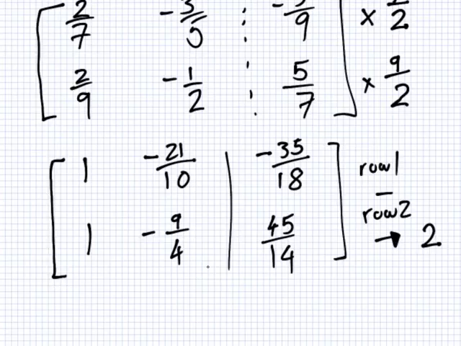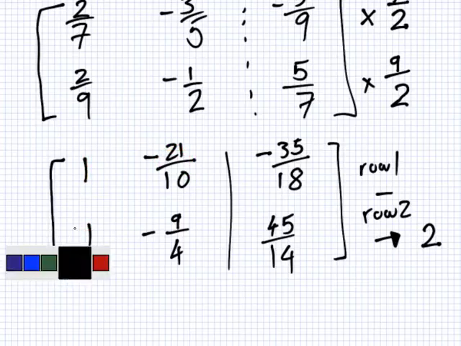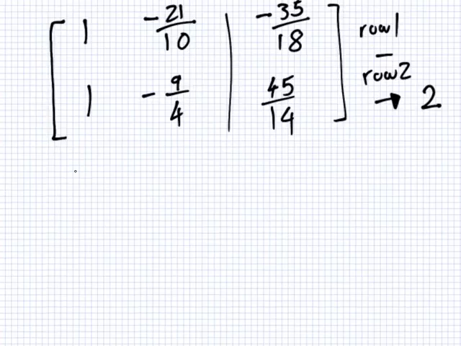What I'm trying to do, look at me, I know it's difficult to look at me, but try your best. I'm trying to make a 1, a 0, a 0, and a 1. So what I'll do first is I'll make the 0 here first. Okay, so here I get 0.